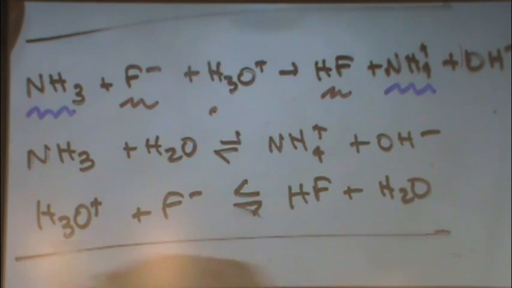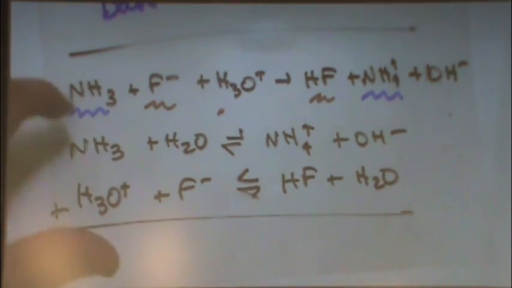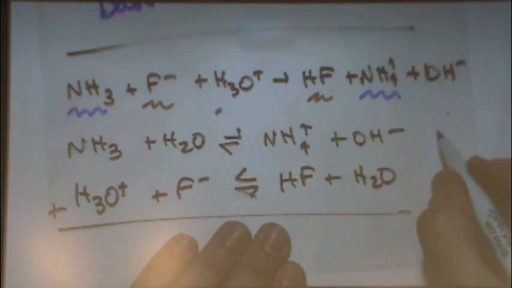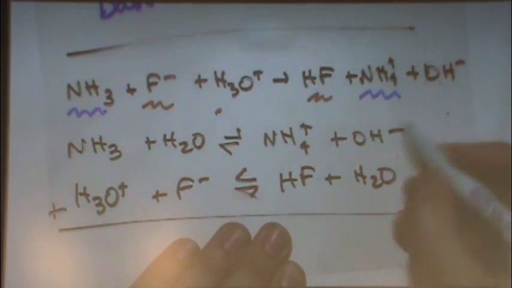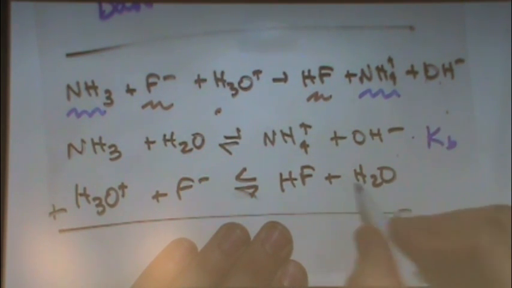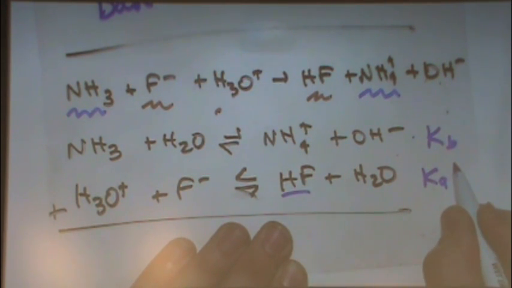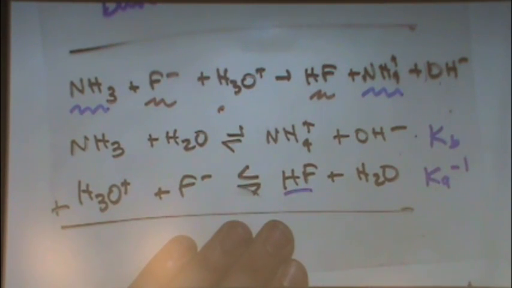Cool. Add these up, and you're going to get this reaction. You see how they're added up? So then this becomes a kind of Hess's law type problem. I need the Kb for this, which is in the back of the exam. And I need not Ka for HF, but Ka to the minus 1 because I flipped it.